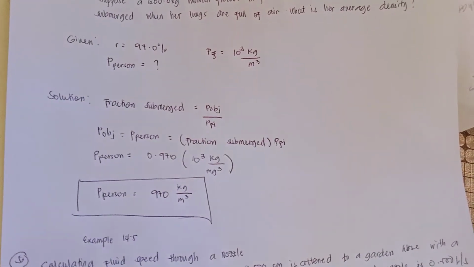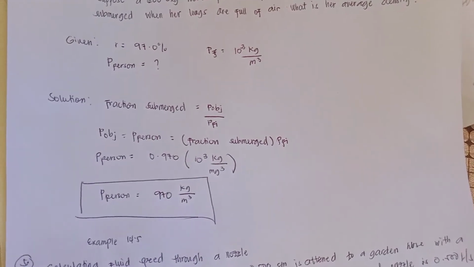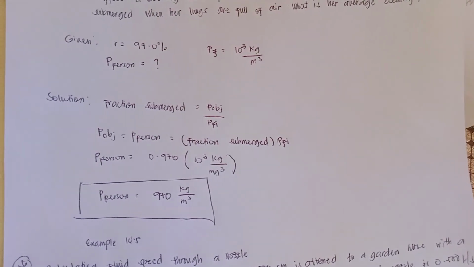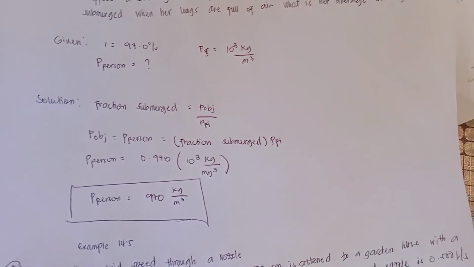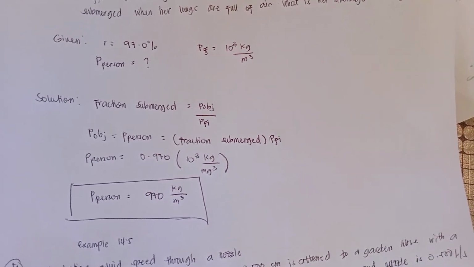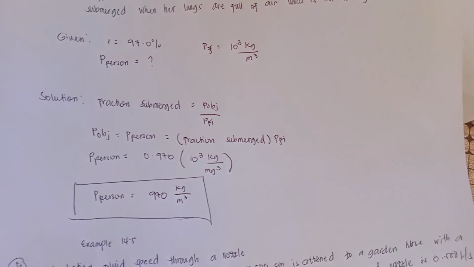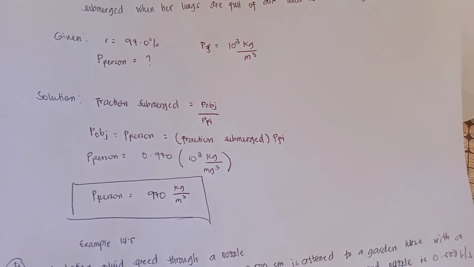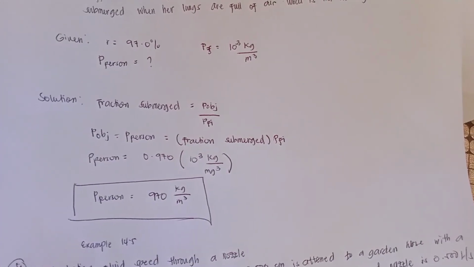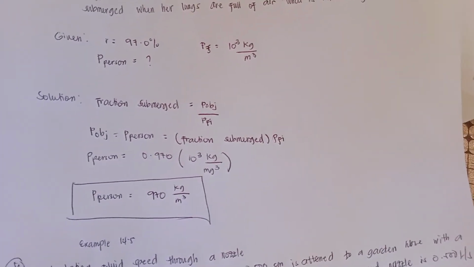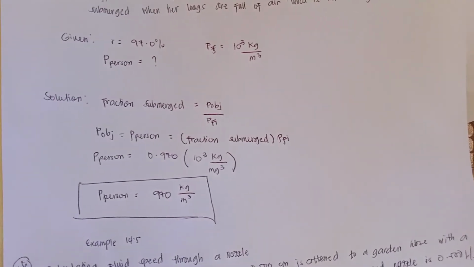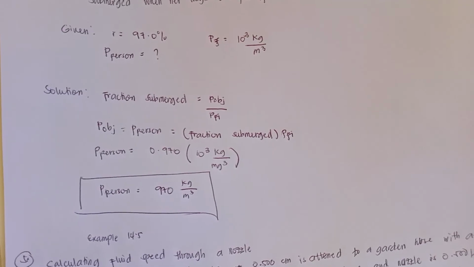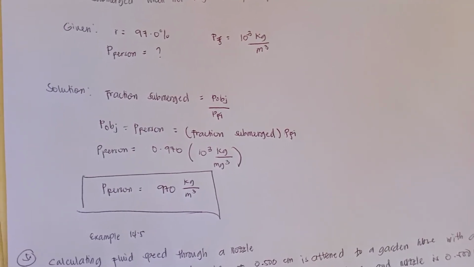So that is 0.97, which is the volume fraction, times the density, which is 10 cube kilogram over meter cube. By simplifying, using scientific notation or just editing, the density of the person is 970 kilogram over meter cube.